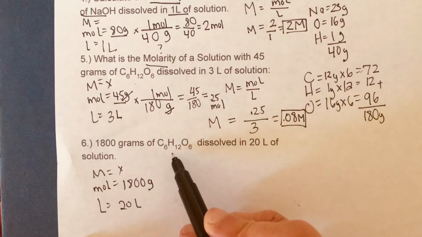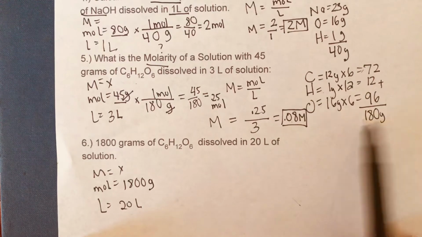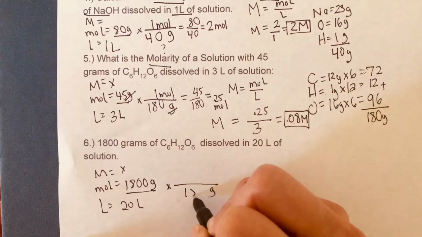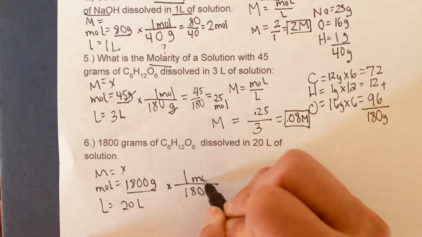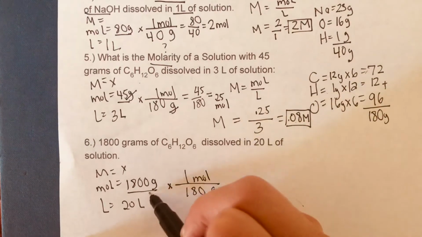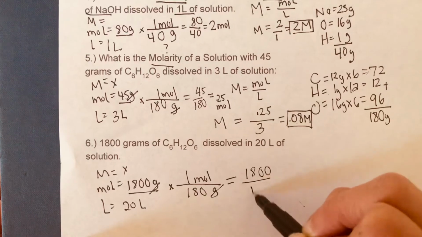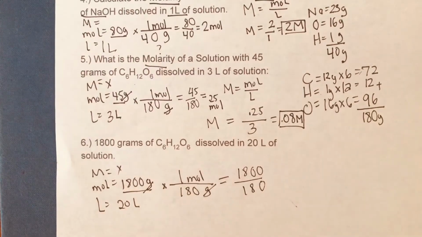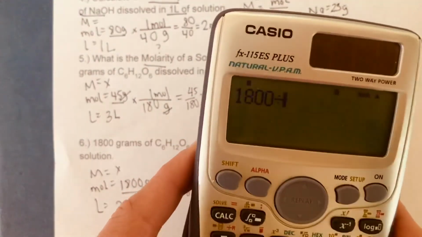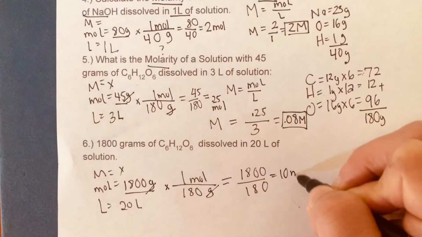So C6H12O6, we already calculated the molar mass for that in the previous problem, and it was 180. So I'm going to convert that to moles. So I put my 180 grams of C6H12O6 in 1 mole. That cancels, so I get 1,800 divided by 180. And I got 10, so 10 moles.